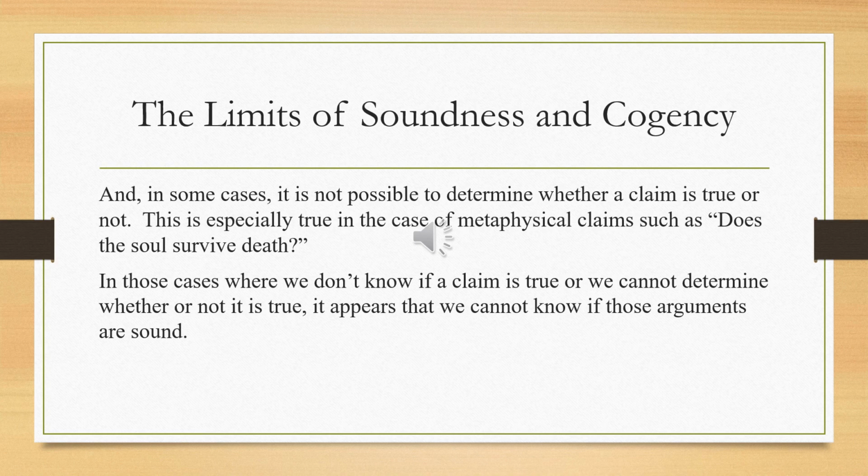So there are limits to soundness and cogency. However, let's not use that as a blanket statement that we can never assess soundness or cogency. There are some outlier, difficult questions that are hard to determine if the answers are true or false. But that set of questions is really pretty tiny in comparison with the vast realm of information that we can acquire and that we can use to reason soundly.